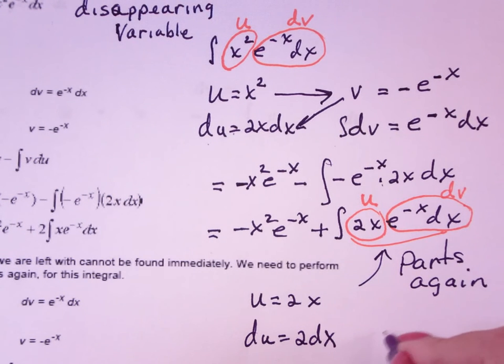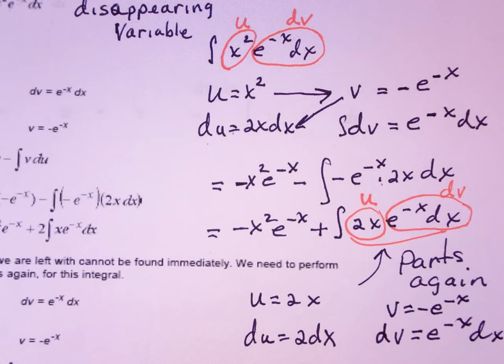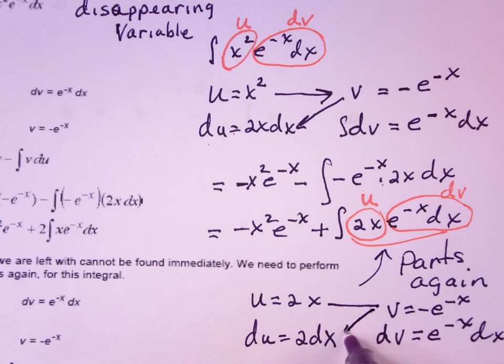And so dv is just e to the minus x, and then v is going to be minus e to the minus x. And this is dx. And then you parts it. So that integral is going to turn into u times v. So it's going to be minus 2x e to the minus x.